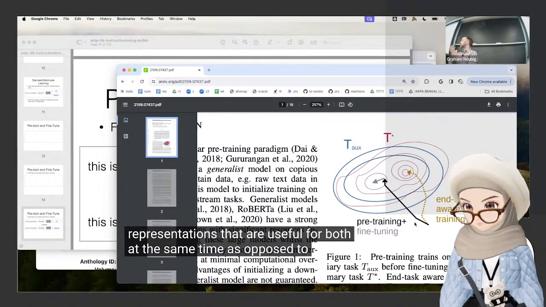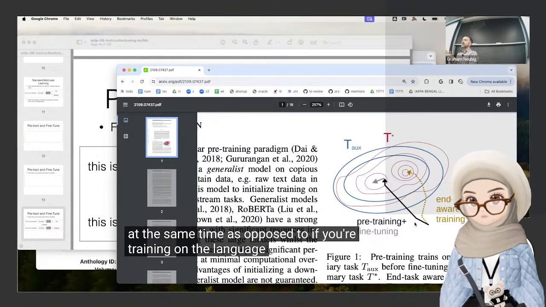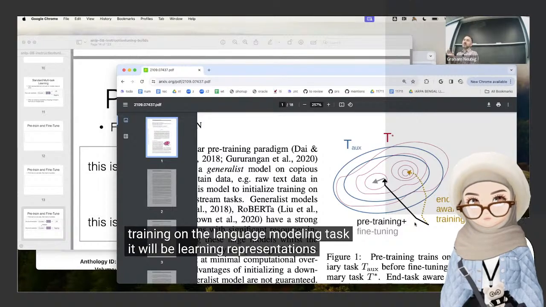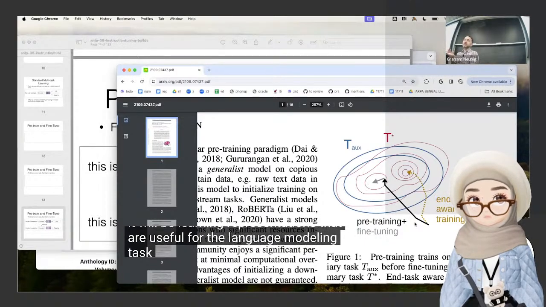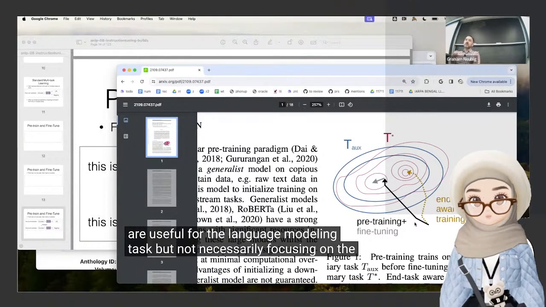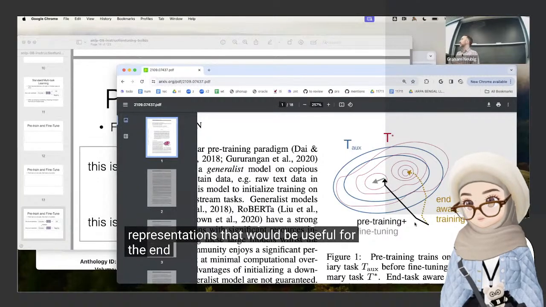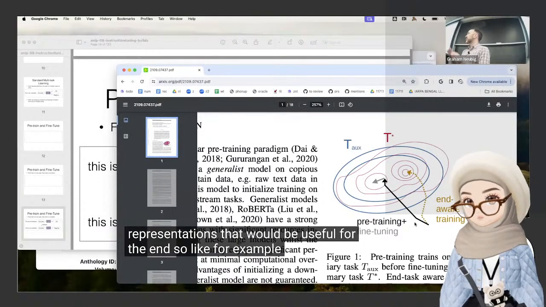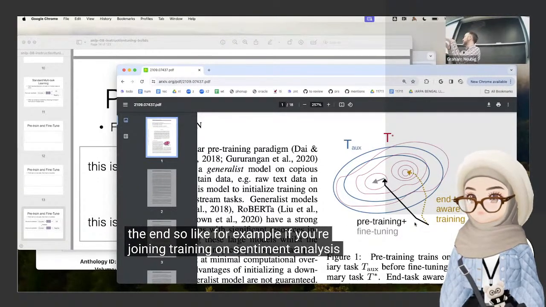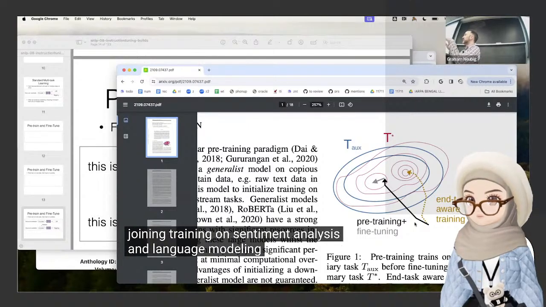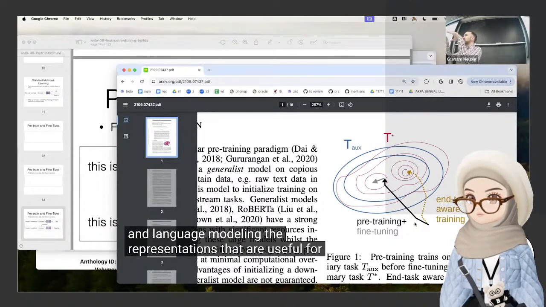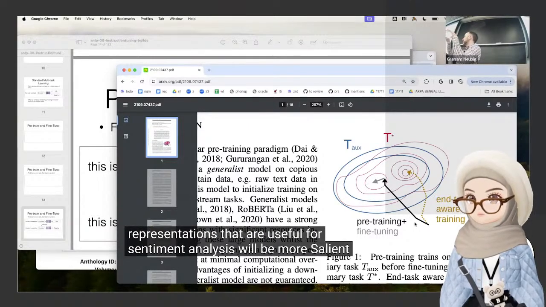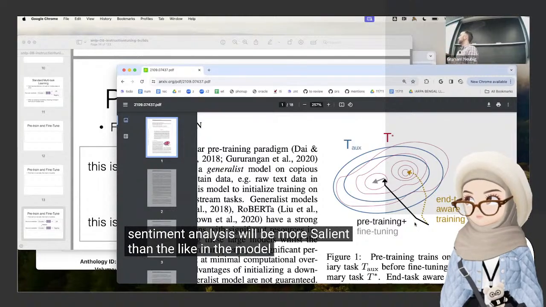As opposed to training only on language modeling, where it learns representations useful for language modeling but not necessarily for the end task. For example, if you're jointly training on sentiment analysis and language modeling, the representations useful for sentiment analysis will be more salient in the model.